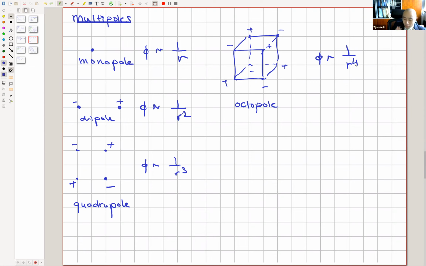Now, obviously, you can see that the order in r goes down, and so we're dealing with things that are less and less important. We're dealing with an expansion.